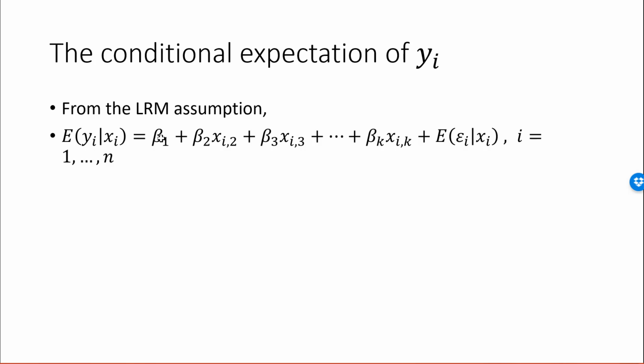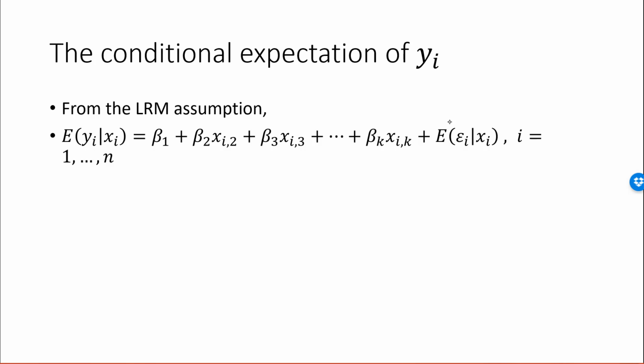So we're treating all the explanatory variables as known, and that means that I can simply remove the expectation operator on this first deterministic part because it's known when I condition on xi. And then I have this final conditional expectation of the error term given all the x data.